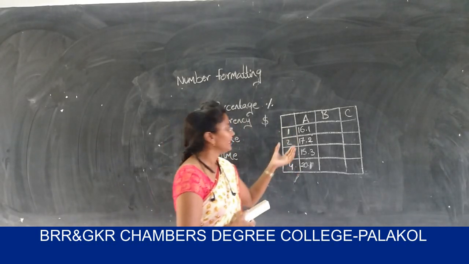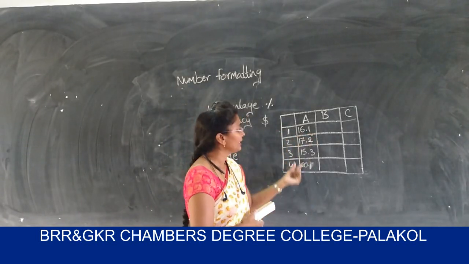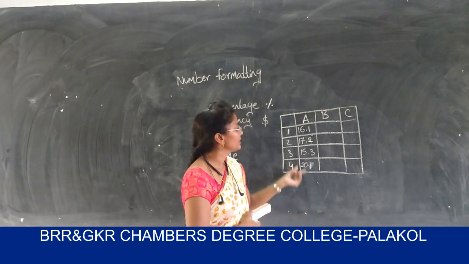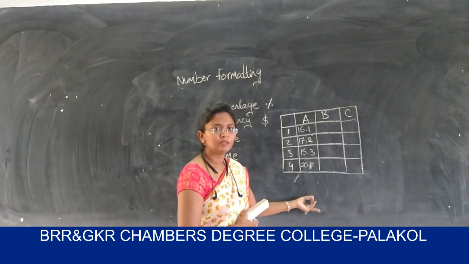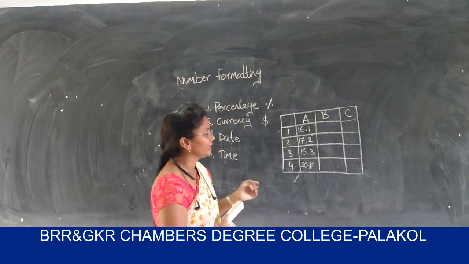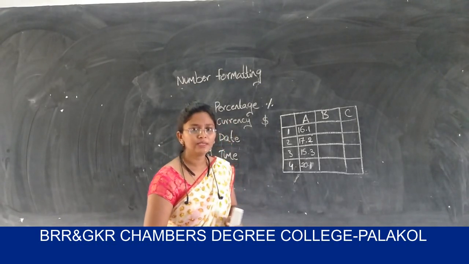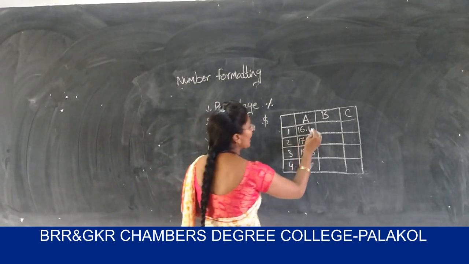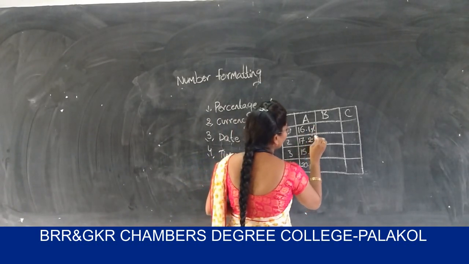But if I enter the data like this, the Excel sheet will think that these are numbers only. It will think of it as decimal numbers only. It won't think of it as a percentage. If you want to write a percentage in the Excel sheet, then you have to add the percentage symbol after the numbers.